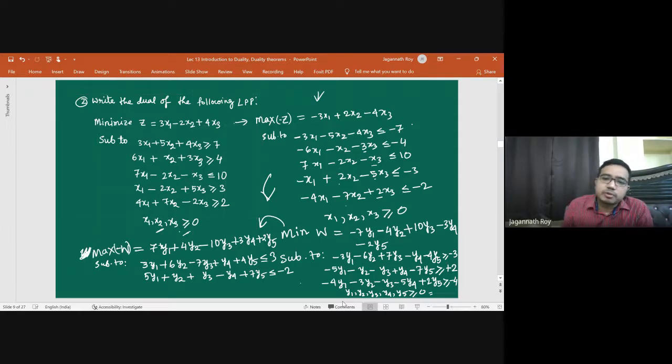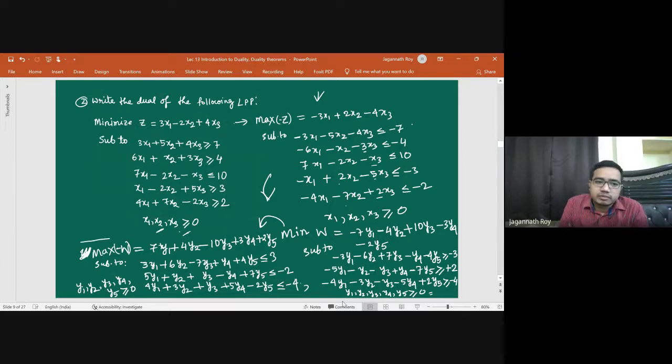Then 4y1 plus 3y2 plus y3 plus 5y4 minus 2y5, less than or equal to 4. And y1, y2, y3, y4 and y5 are greater than or equal to 0.